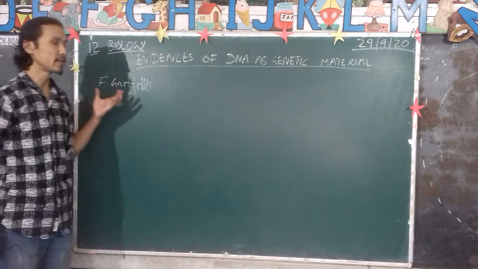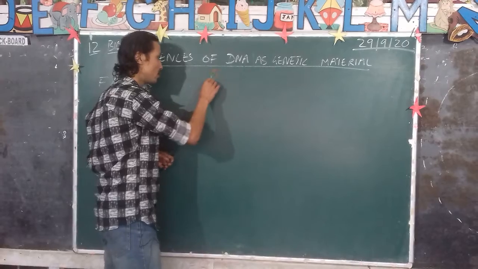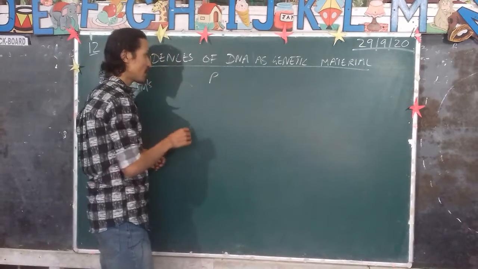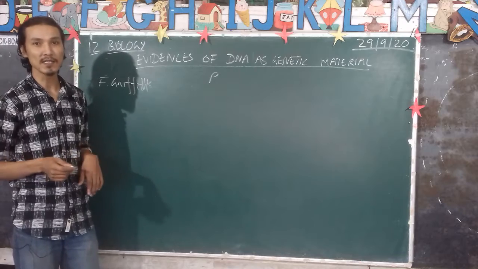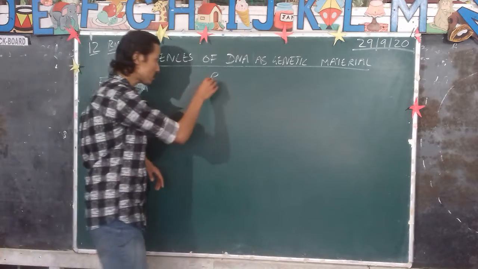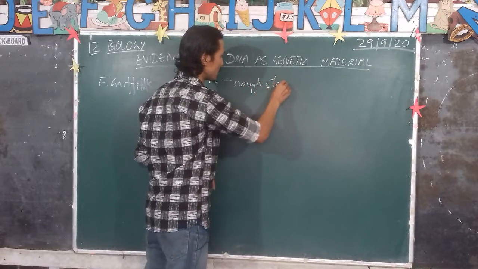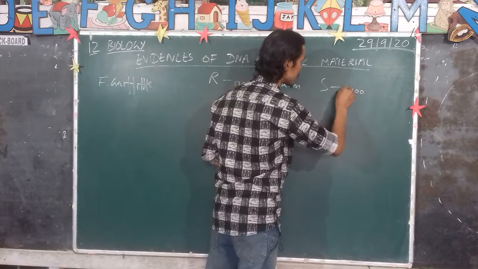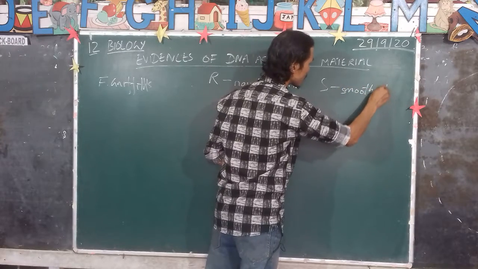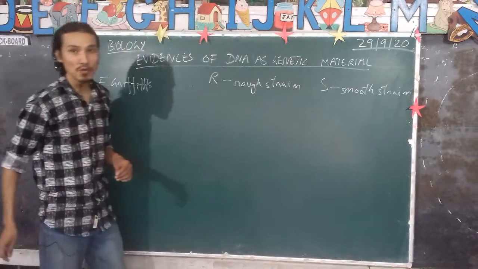In order to understand his experiment, first there are a few things you have to know. Pneumonia is caused by Diplococcus pneumoniae. This bacteria exists in two strains: the rough strain and the smooth strain.